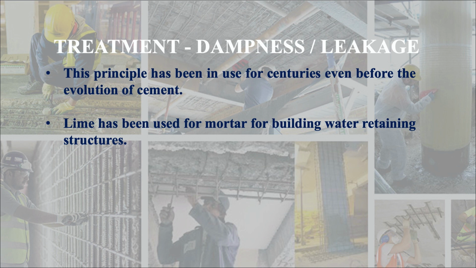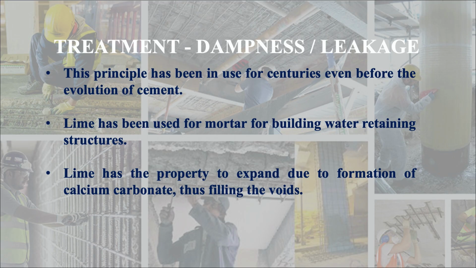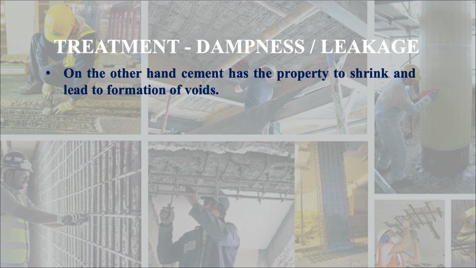Lime has been used for mortar for building water retaining structures. Lime has the property to expand due to formation of calcium carbonate, thus filling the voids. On the other hand, cement has the property to shrink and lead to formation of voids.